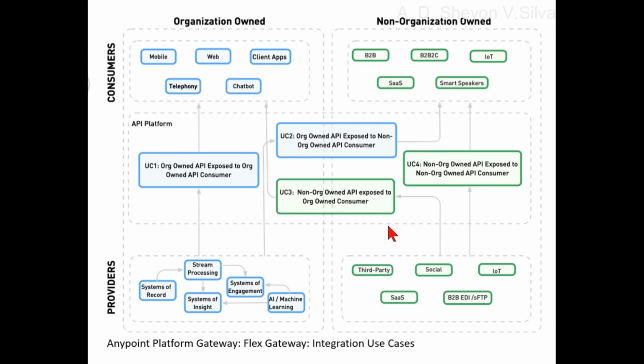Role of the Flex Gateway is ingress and egress. Use case 4, non-organization owned API exposed to an external non-organization owned API consumer. Non-organization external API exposed to a non-organization external consumer.